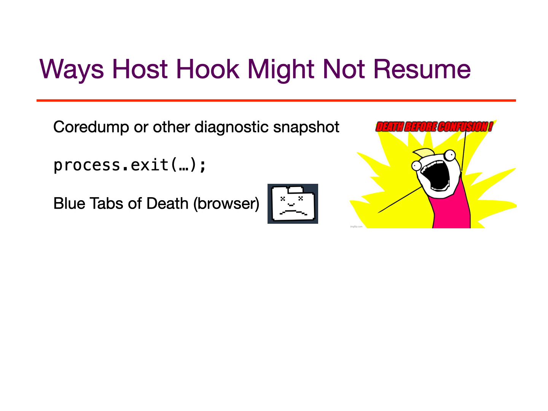On node, process.exit, which granted is not actually a host hook, but is just a host-provided built-in, process is a host object, does not return control to JavaScript, and of course the browser blue tabs of death. So we want to acknowledge that by allowing in particular the host fault handler not to resume JavaScript execution.